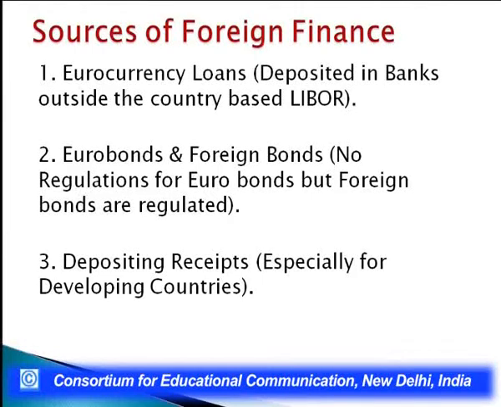So, foreign bonds and euro bonds have one thing in common, and that is they are issued by somebody outside the country, right? They are basically issued and sold outside the country in the currency of the country from where they have been issued. So, the currency remains the same, but they are issued outside the country. They are not issued within the country where the loan is basically raised.